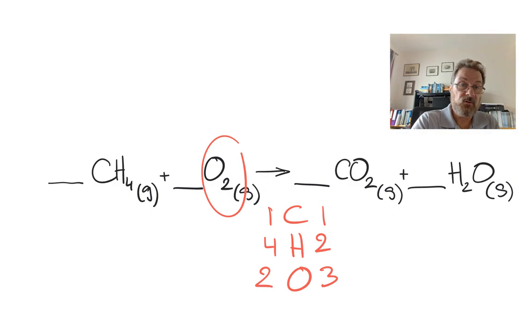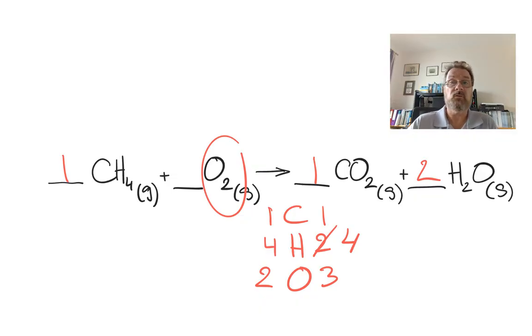Carbon's fine, so for now let's go back to that 1 and that 1, no problem. But that means that my hydrogen needs to end up being a 4 on the product side. We can do that, and then that becomes a 4. Okay, so carbon and hydrogen are balanced. Lastly, oxygen.